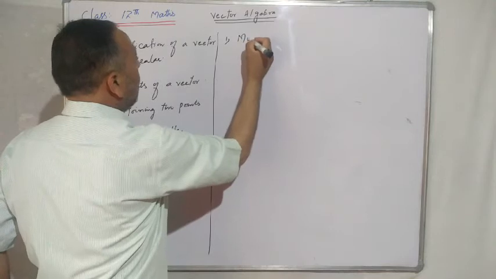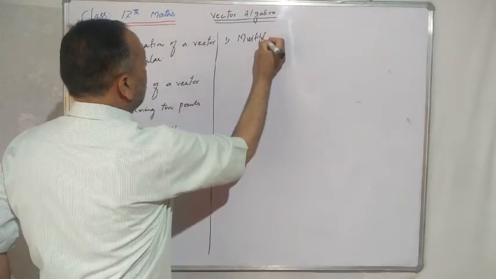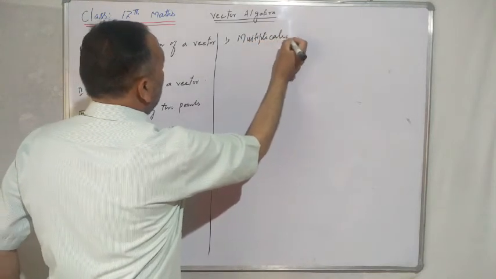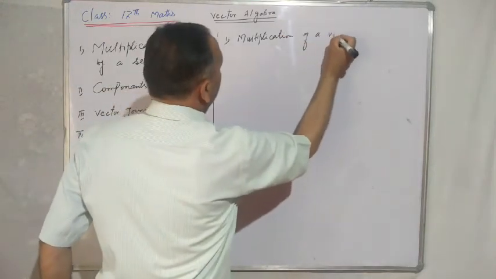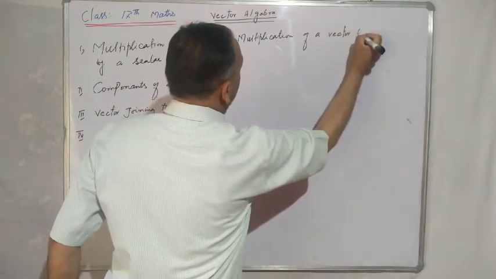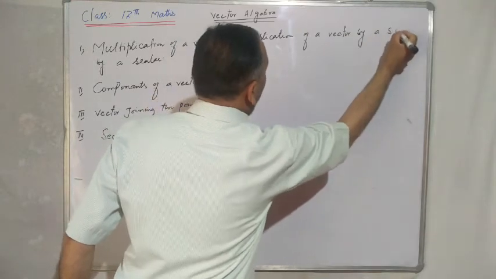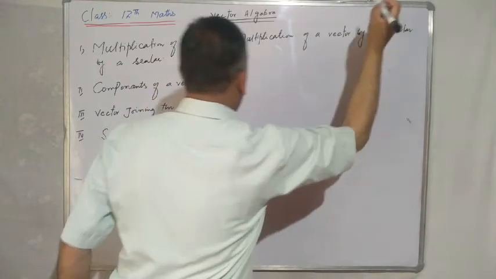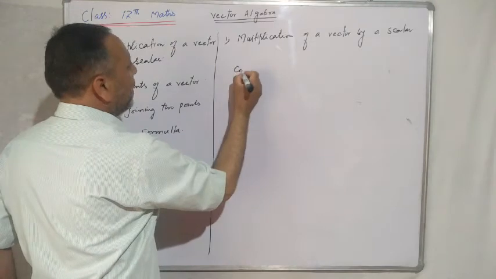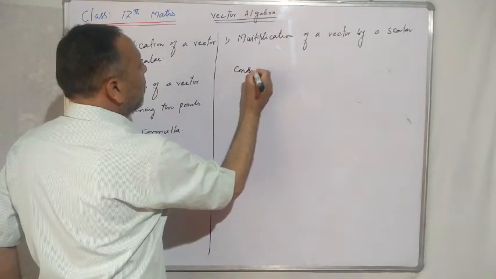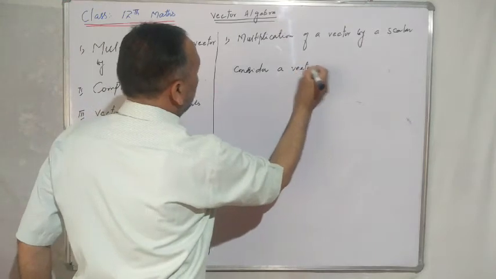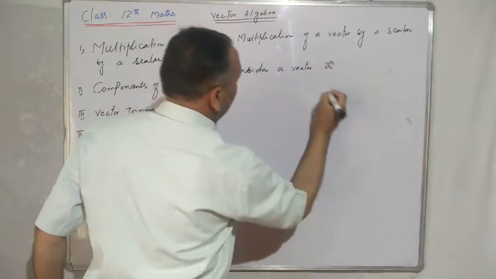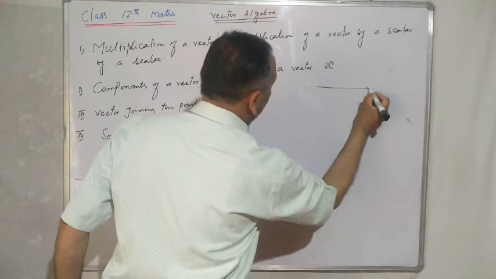Multiplication of a vector by a scalar. So consider a vector A. Let me have a vector A here.